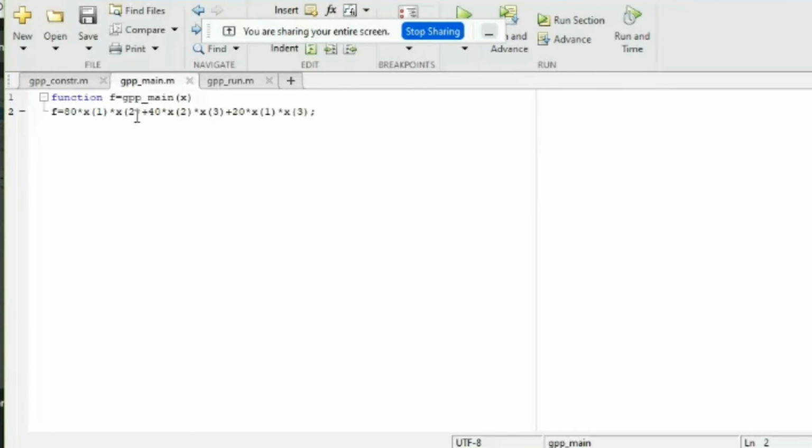So that is the M file for the objective function, and then the M file for the constraints. Here we have only a nonlinear inequality type constraint, so that is specified, whereas a nonlinear equality type constraint is not applicable, so that is specified as an empty square bracket.